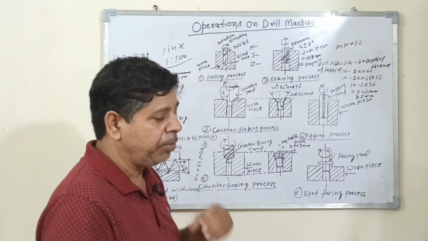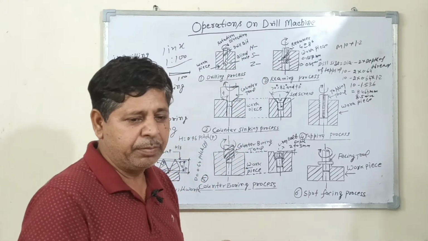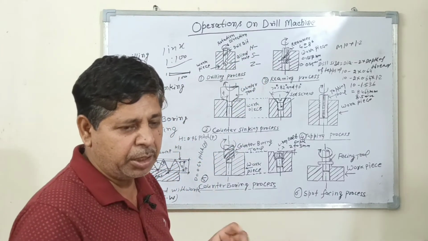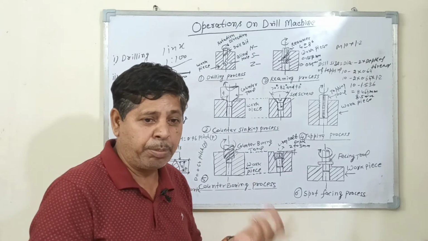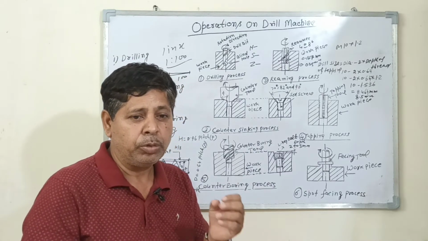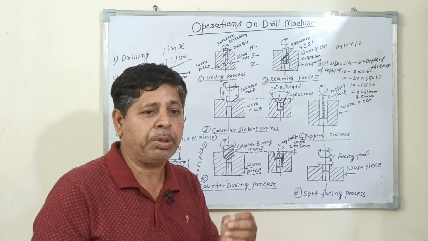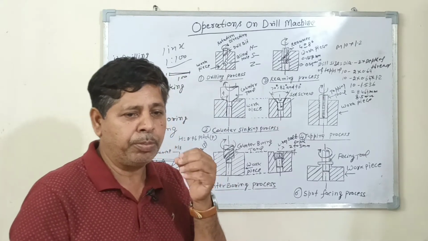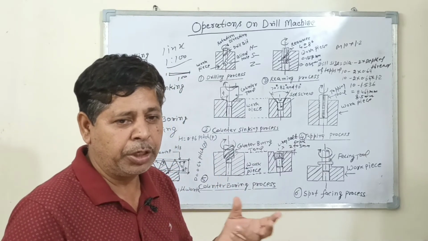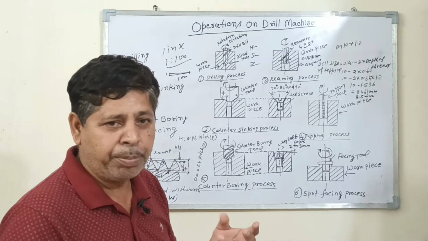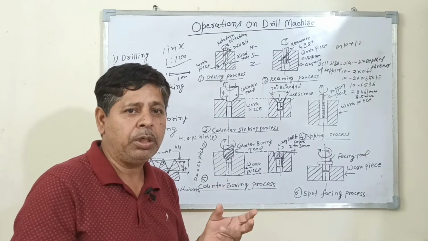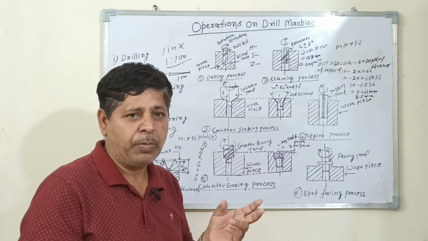In size, drills are available in the market in number sizes: 1 mm, 2 mm, 3 mm, 10 mm, 20 mm, 25.4 mm, now up to 100 mm diameter.